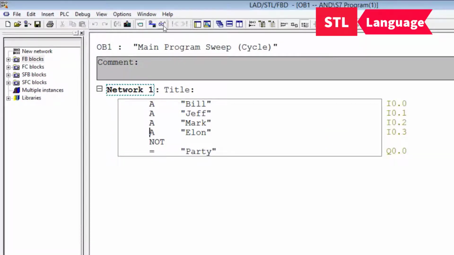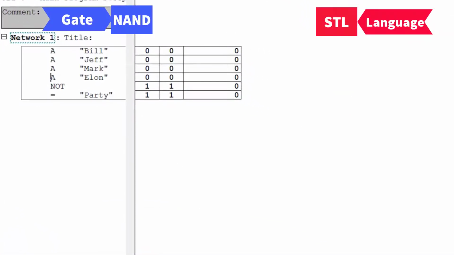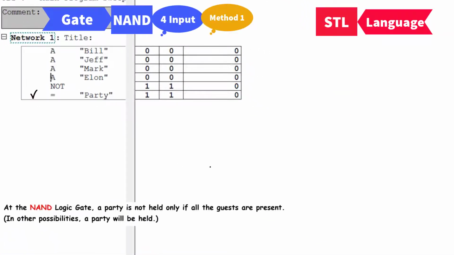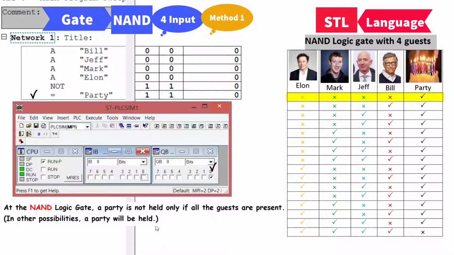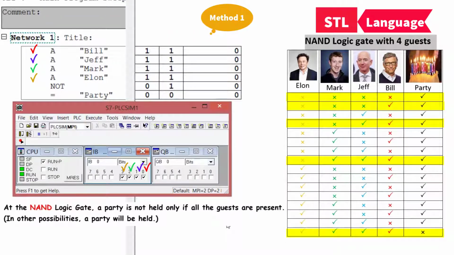I test. Look carefully at all 16 possible possibilities. The party will not be held only if all the guests are present at the same time.